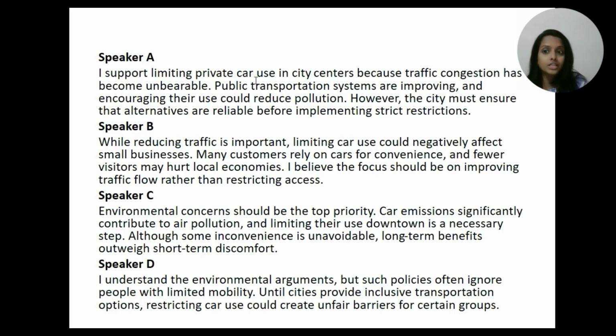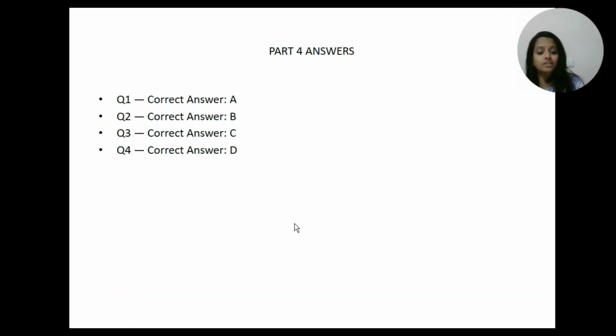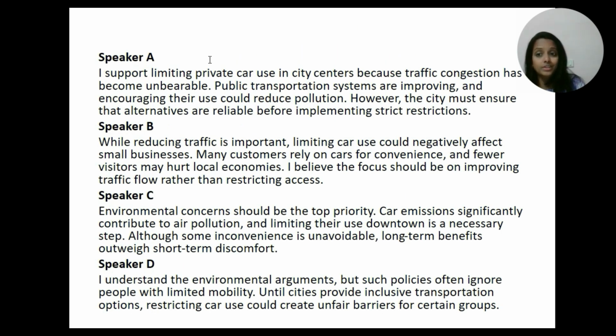Here we have used the strategy of looking for concession plus justification. And the fourth question is, who is primarily worried about fairness and accessibility? Of course, speaker D. He mentions limited mobility and talks about barriers, so that is clearly accessibility and fairness.